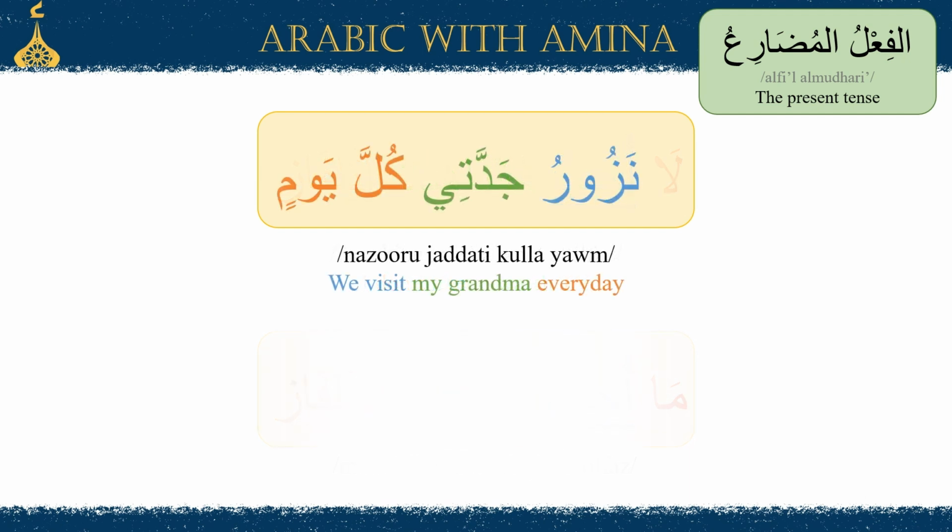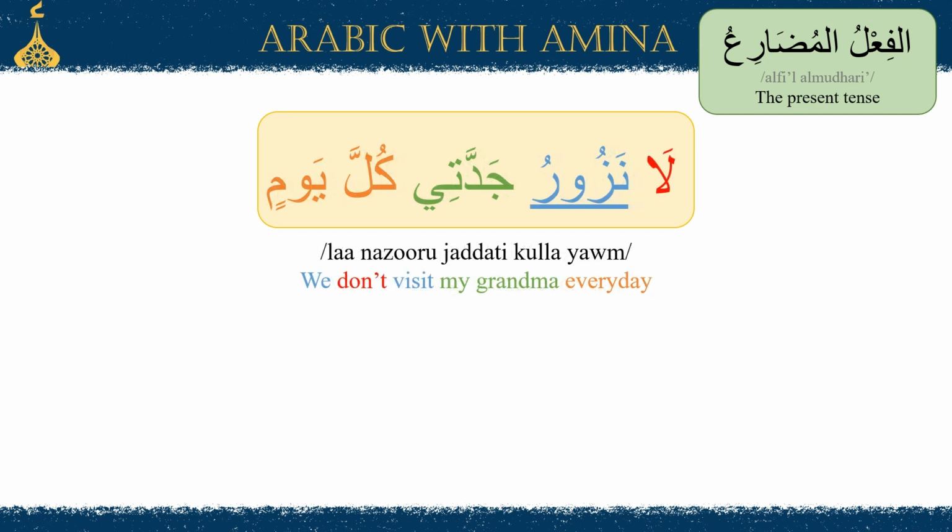So let's do that again with another sentence. نزور جدتي كل يوم. We visit my grandma every day. First things first, identify the verb. The verb here is نزور, or we visit. Next step is to put the particle before the verb. لا نزور جدتي كل يوم.